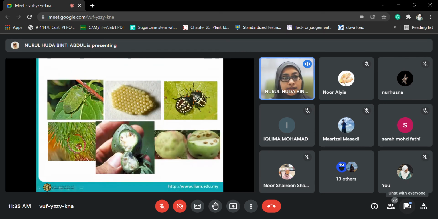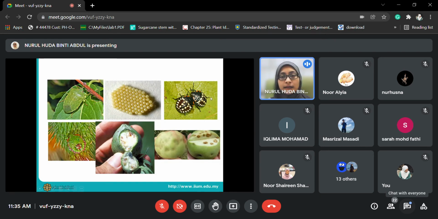Okay, as you can see here, this is development of different stages. This one, yang green one, kamu nampak dia bentuk macam perisai, right? Perisai, okay, and the shape also is slightly more elongated compared to the early stage of nymph.